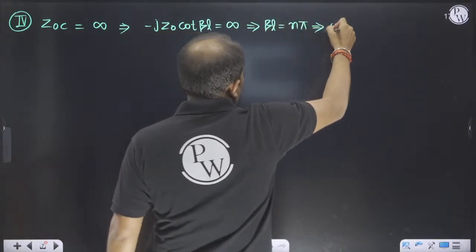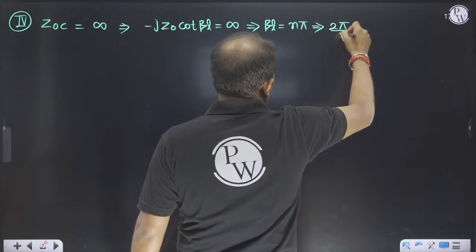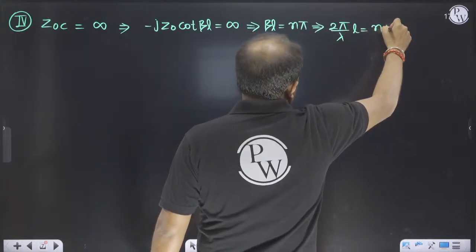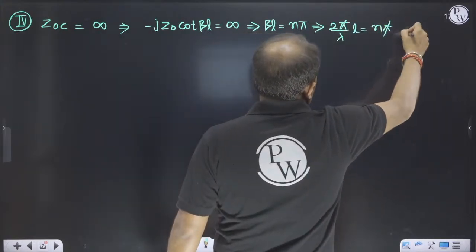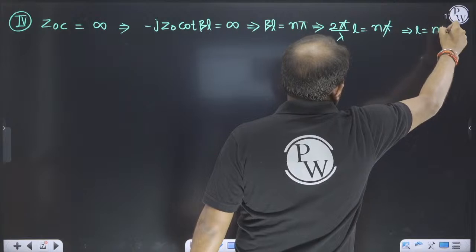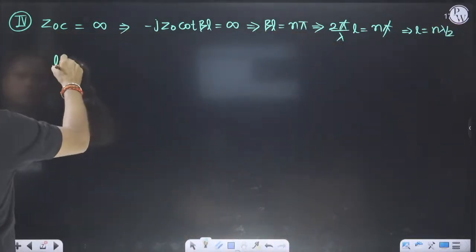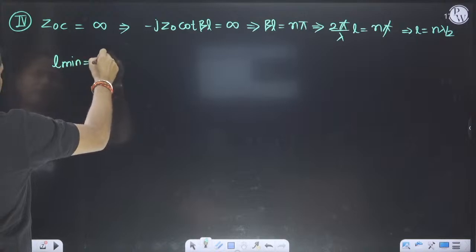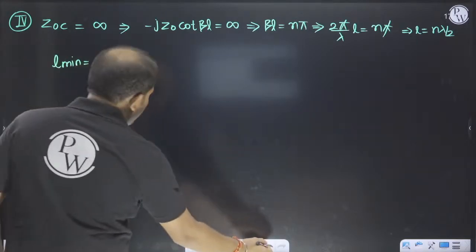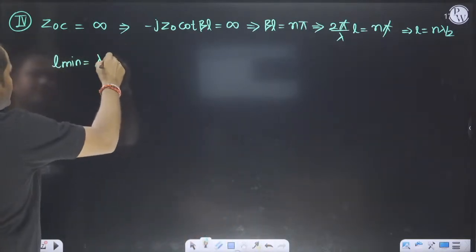That means 2 pi by lambda times L is equal to n pi. That means L is equal to n lambda by 2. So our minimum length will be n lambda by 2. So this is our minimum length.